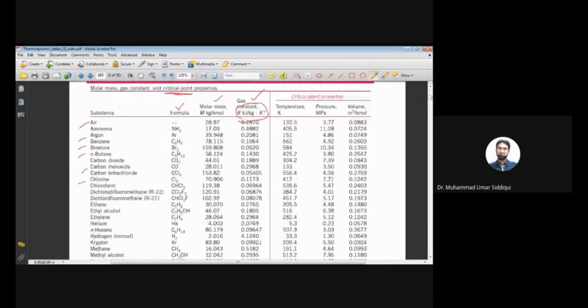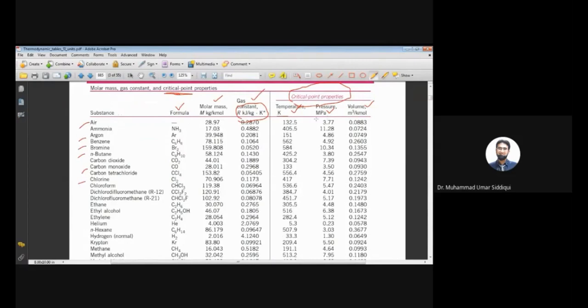Then what do we have here for critical point properties? Critical temperature, critical pressure, critical volume. So the critical point properties are given for these gases, whether it is air, ammonia, all of them. For example, temperature is given in Kelvin. Now you see here, sometimes temperature is given in degrees centigrade in the table, sometimes it's given in Kelvin.